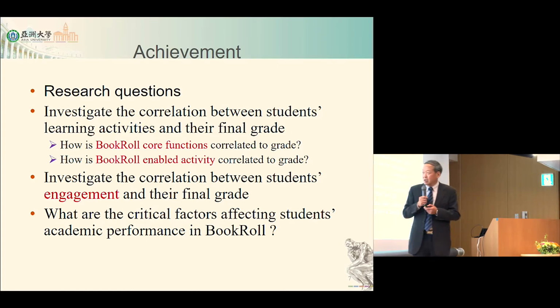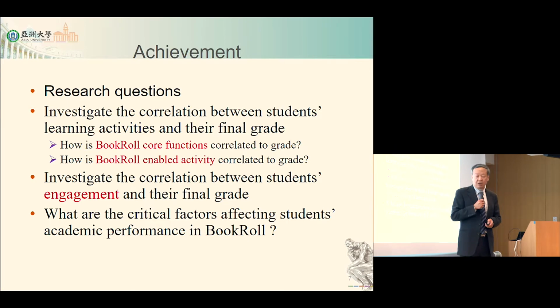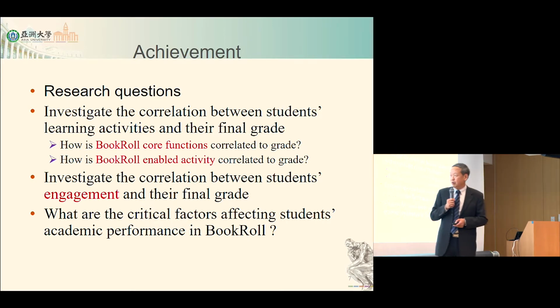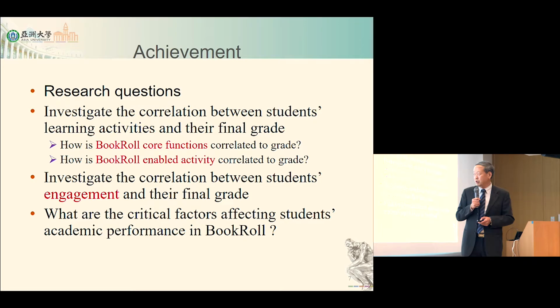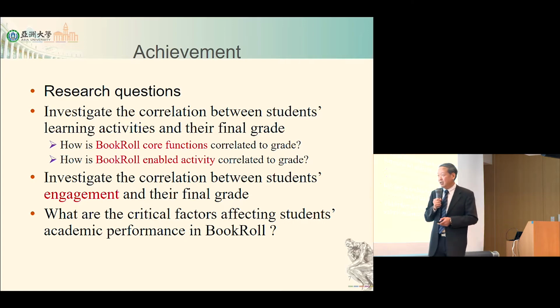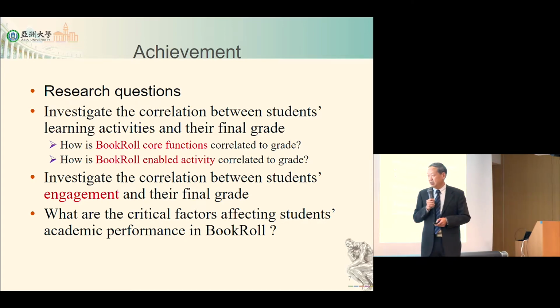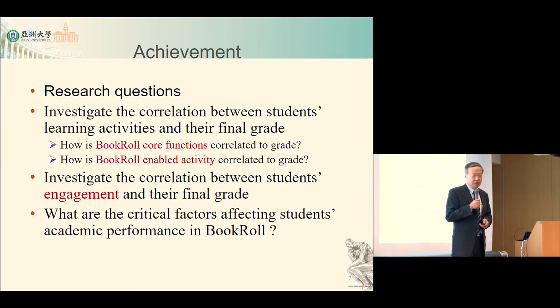They want to know how BookRoll functions correlate to grade. They also want to know how BookRoll enabled activity correlates to grade. Some professors want to investigate the correlation between students' engagement and their final grade. They also want to know what the critical factors affecting students' academic performance in BookRoll are.